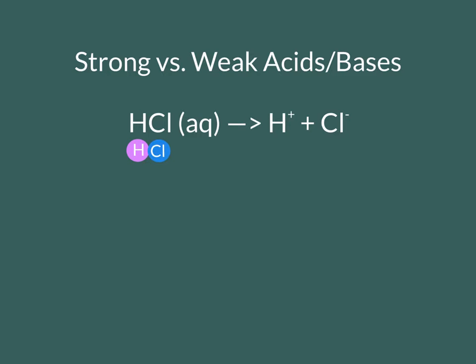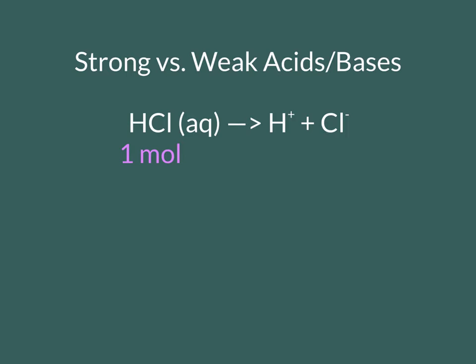So if I have one molecule of hydrochloric acid, when it dissociates, I get one hydrogen ion and one chlorine ion. If I were to have two molecules of hydrochloric acid, I would get two hydrogen ions and two chlorine ions. But since we don't often work with just one or two molecules, we work in much larger quantities in our moles, this ratio can also be scaled up.